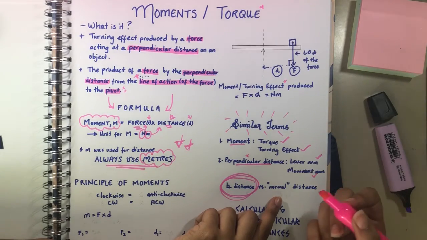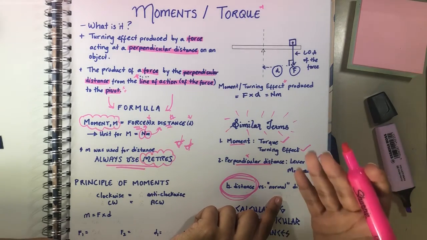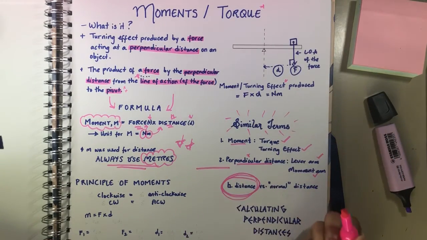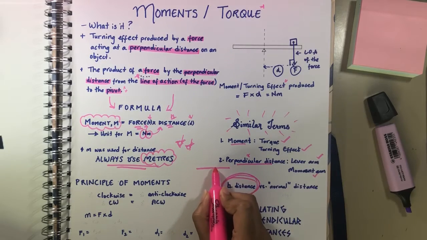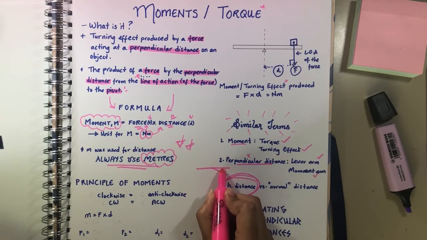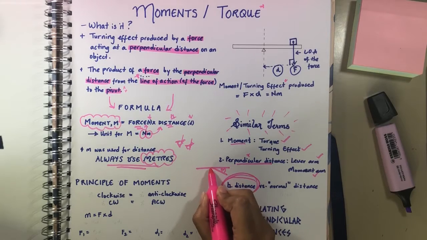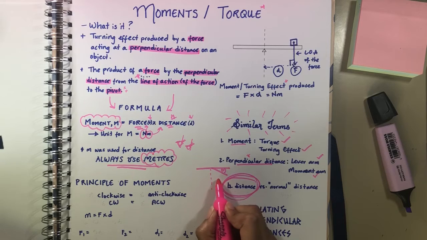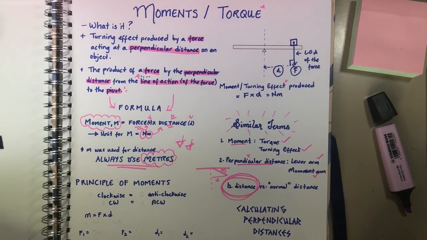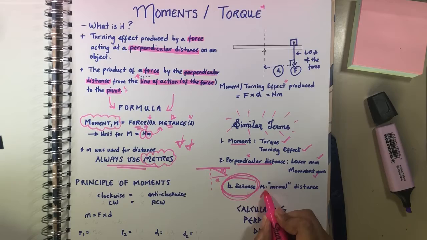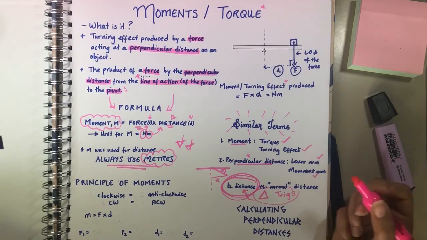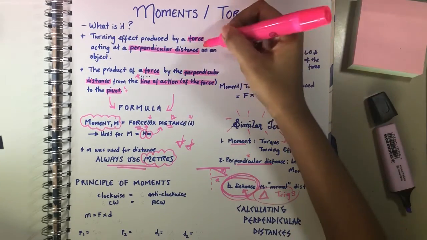You'd hear a question like the line of action of a force acts at an angle to the horizontal. Let's say I have a seesaw here, and the line of action of the force acts this way, and I have an angle here, and then they tell you that the distance from the line of action of the force would be, let's say, a distance D. You would actually have to use like triangles and trigs, all that good stuff, to find the perpendicular distance, because you can't use anything but perpendicular distance.